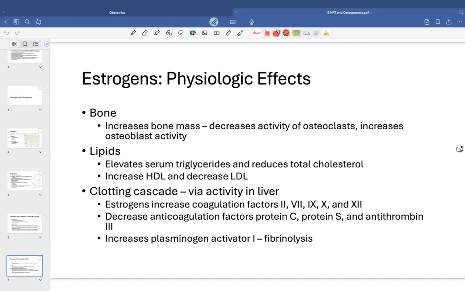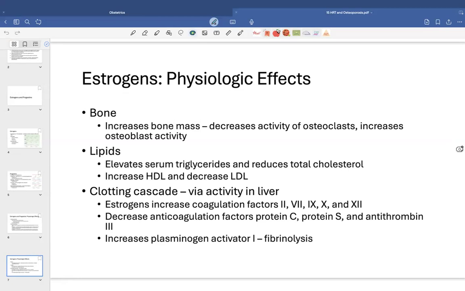So those are key effects of estrogen on bone. That is why estrogen drugs have a role in management of osteoporosis in postmenopausal women, and why estrogen can be critical for maintaining bone mass in women with hypogonadism.